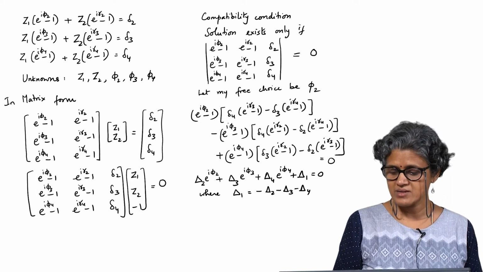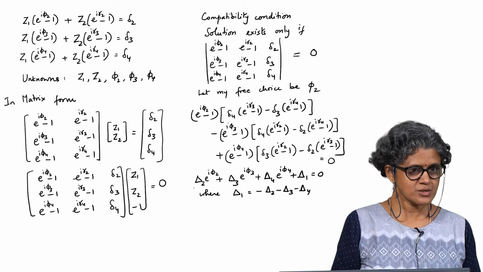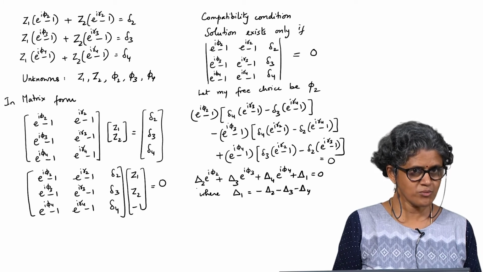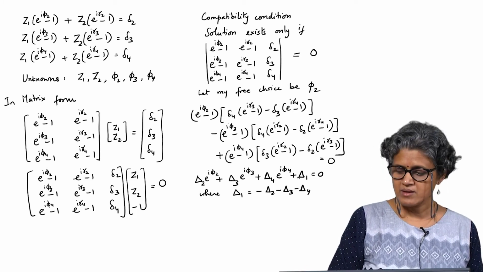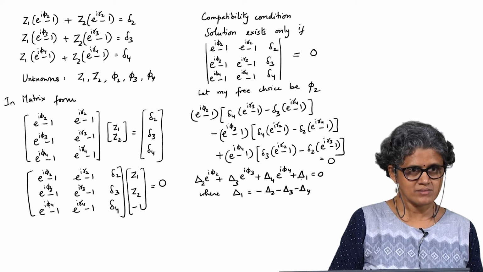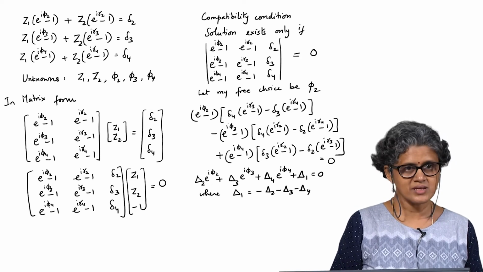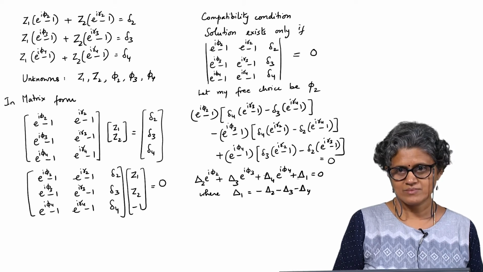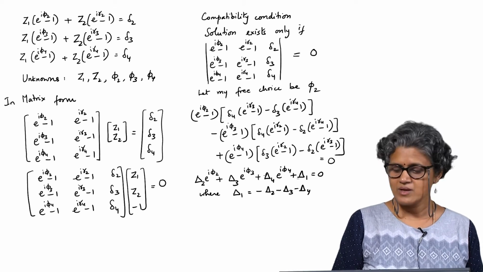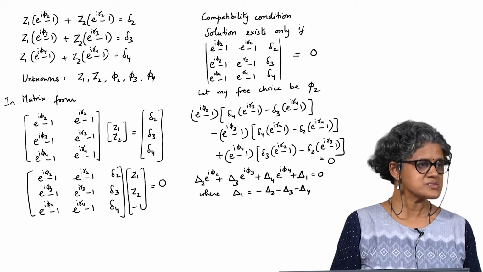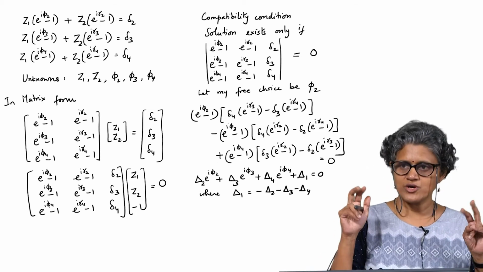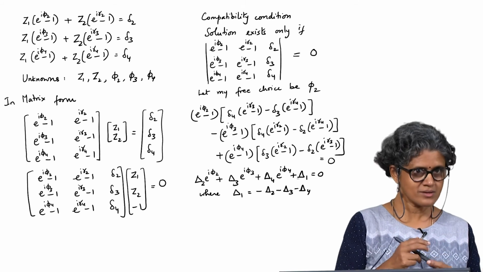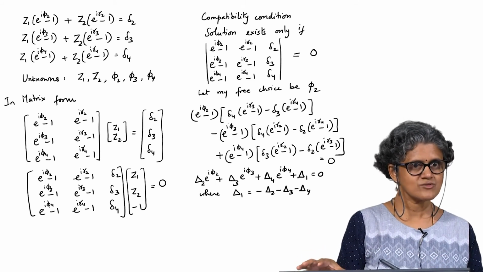This looks like the loop closure equation for a 4 bar with fixed length delta 1 and the other 3 links delta 2, delta 3, delta 4. Okay. So, if I take phi 2 as my free choice, that becomes the input to this 4 bar.